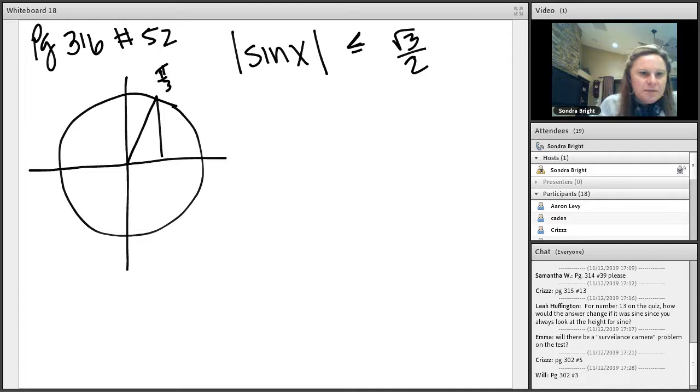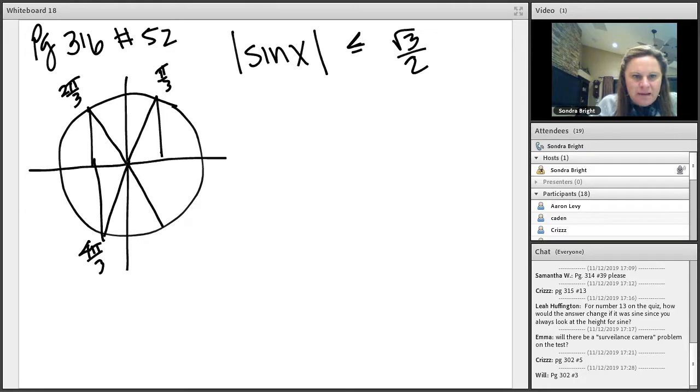And its sine is positive root 3 over 2 at 2 pi over 3. It's negative, oh, that was ugly, but that's 4 pi over 3, and then again here at 5 pi over 3. Okay, so we want, when are the heights of the triangle shorter than these guys?